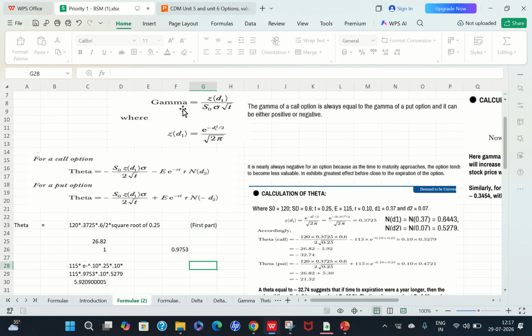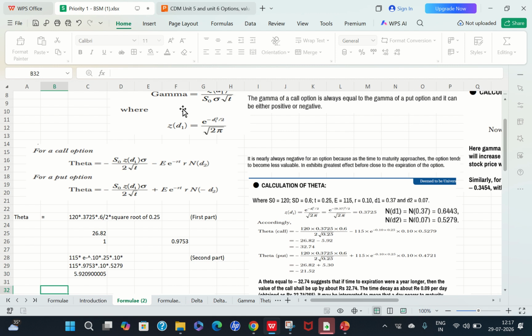The second part goes like this, where you need to be very careful in picking up the figures for e to the power of minus value from your scientific calculator or from the question paper. Be very, very careful. So the theta for the call option lands up in a figure of 26.82 minus 5.92.